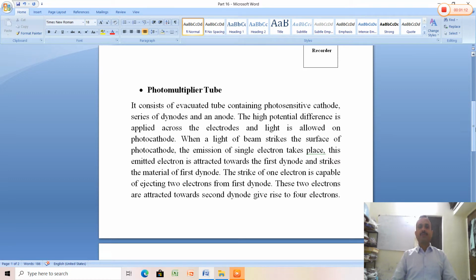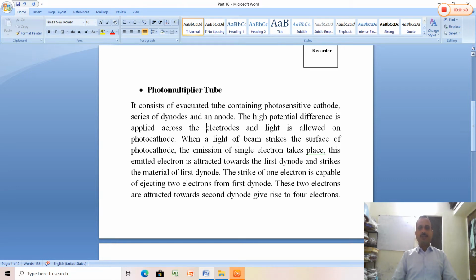The high potential difference is applied across the electrodes and light is allowed to fall on the surface of the photocathode. The photocathode is made up of photosensitive material. Ejection of electrons takes place from the photocathode. When a beam of light strikes the surface of the photocathode, the emission of a single electron takes place. When a monochromatic beam of light is incident on the photocathode surface, a single electron is ejected.